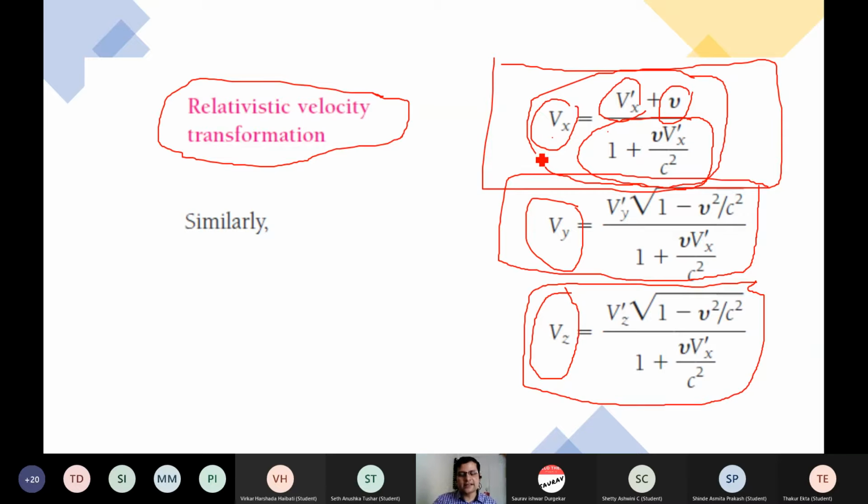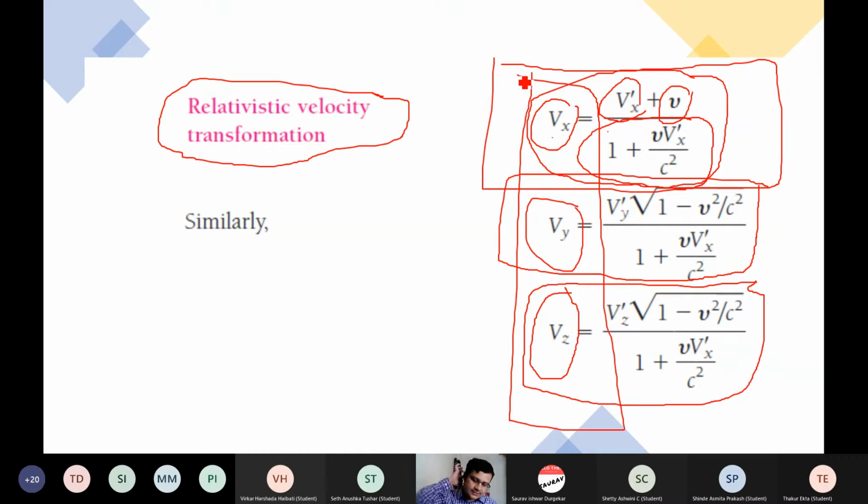The relativistic velocity transformation that we did with the help of the Lorentz transformation equations talks about the velocity components of these things. There are certain things happening in that moving frame, and if you want to observe those things with respect to the stationary observer, their velocities can be calculated with the help of these three components, vx, vy and vz.